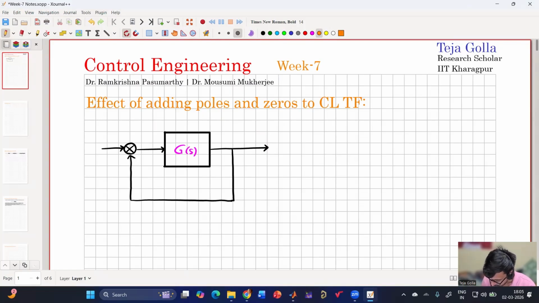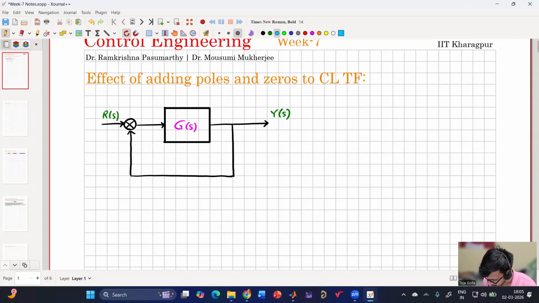Say my input is R(s) and my output is Y(s). So now you know the closed loop transfer function Y(s)/R(s) is equal to G(s)/(1+G(s)). This is what we have already studied.